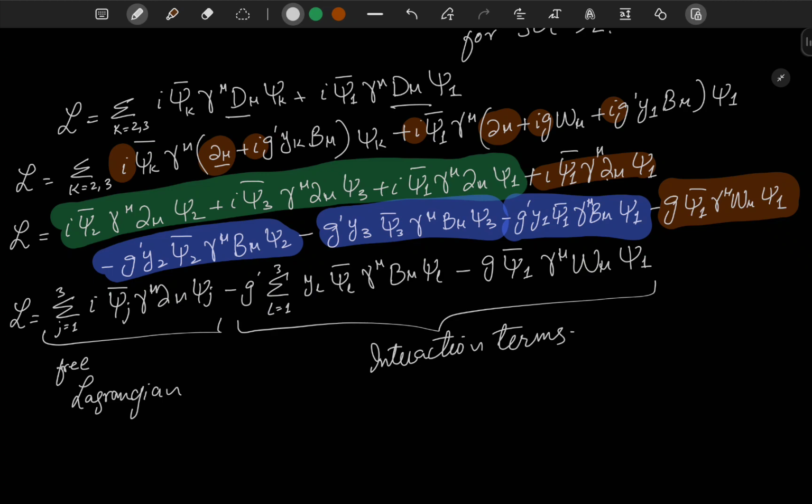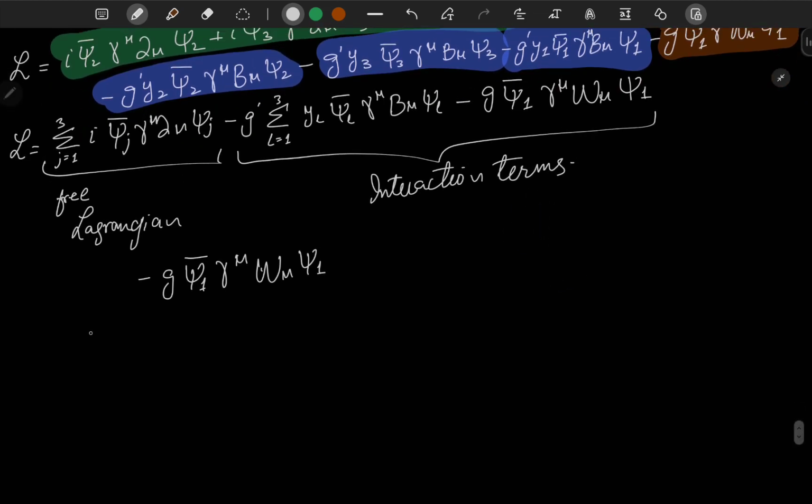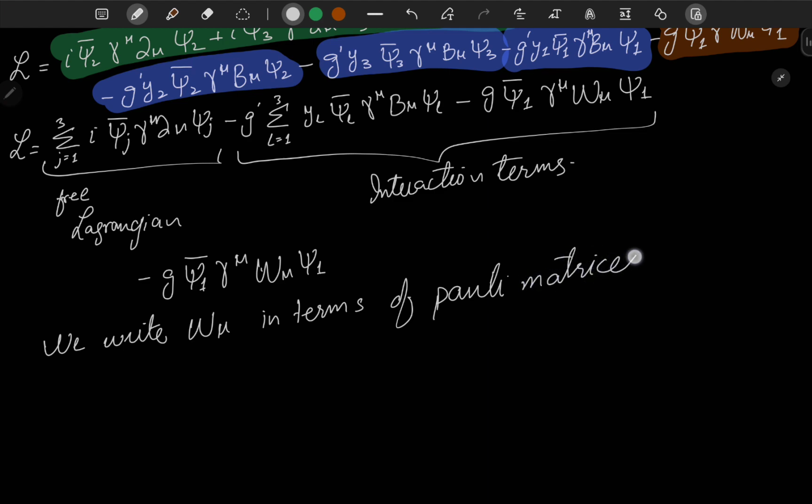Okay, so now we are going to work with the last term, minus g psi1 bar gamma mu w mu psi1, and here we are going to write w mu in terms of Pauli matrices.